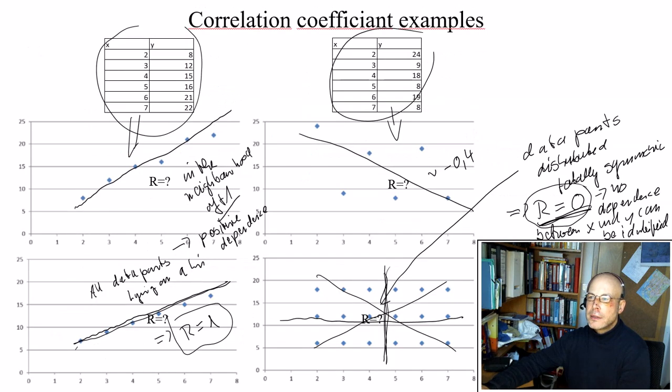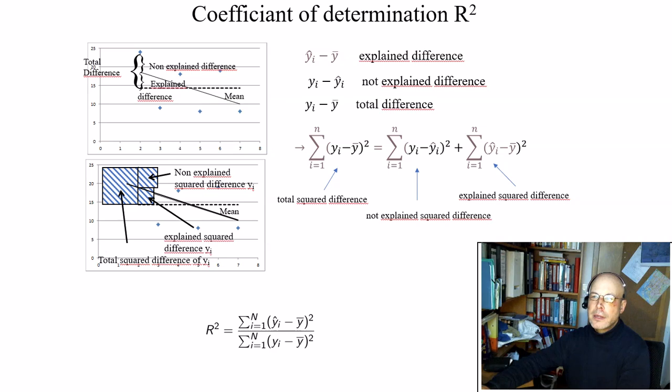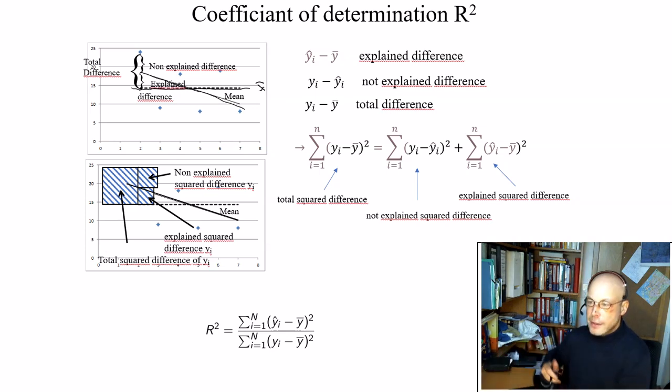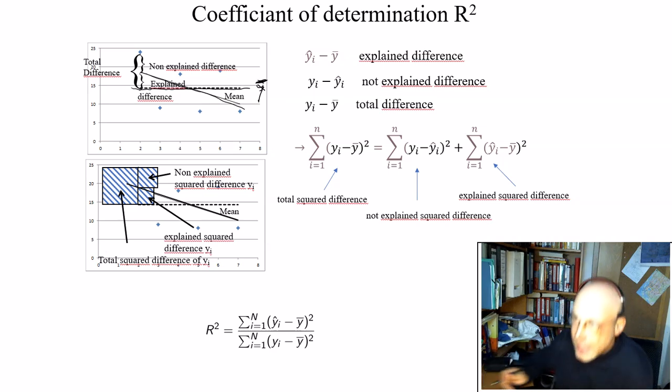I plotted it in the upper left side here, and this is the fitted line, and this would be the mean of the data, the dotted line. This is just y bar, sorry.